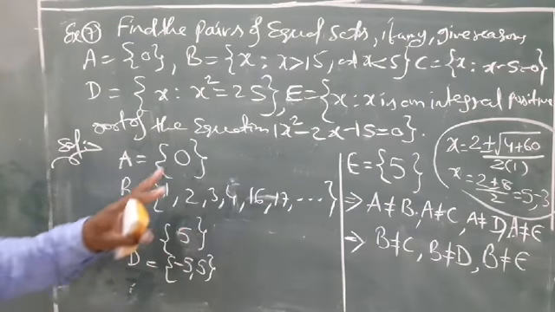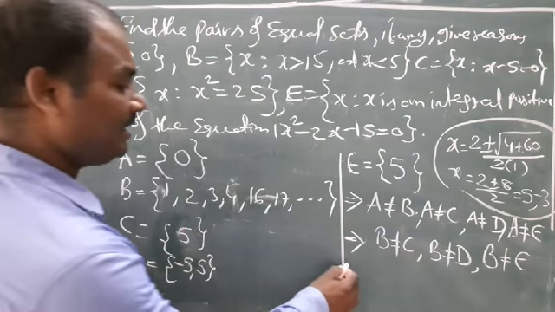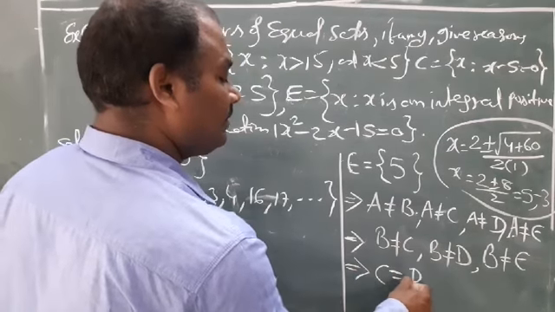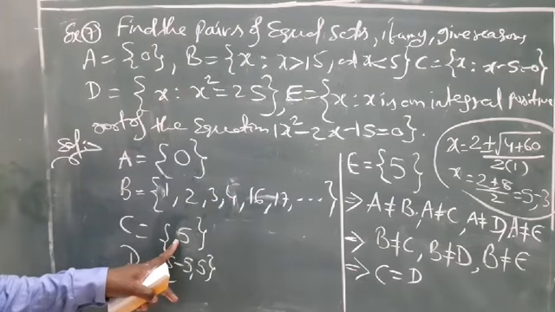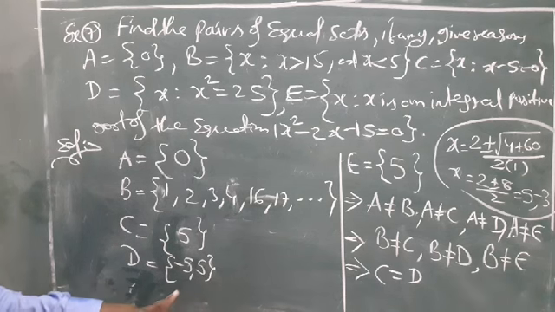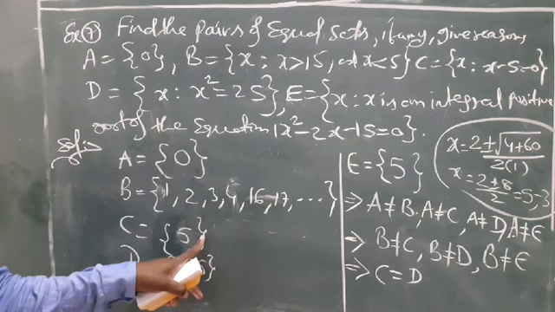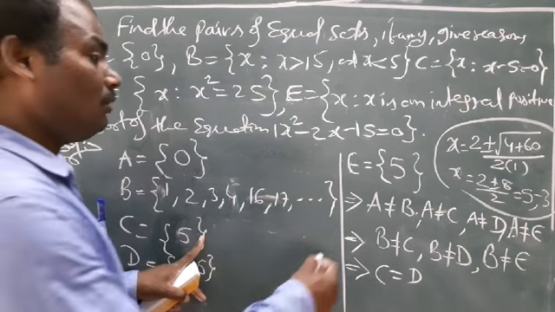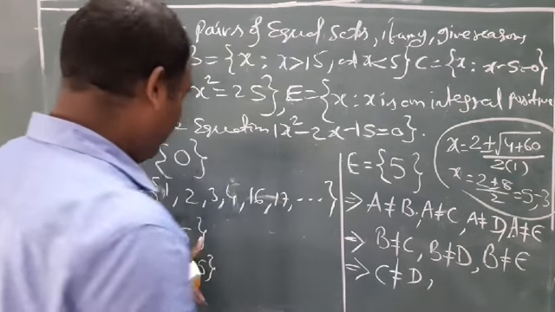Okay, c and d. 5 belongs to c, yes, 5 belongs to d, but minus 5 belongs to d, minus 5 does not belong to c, so c not equal to d.